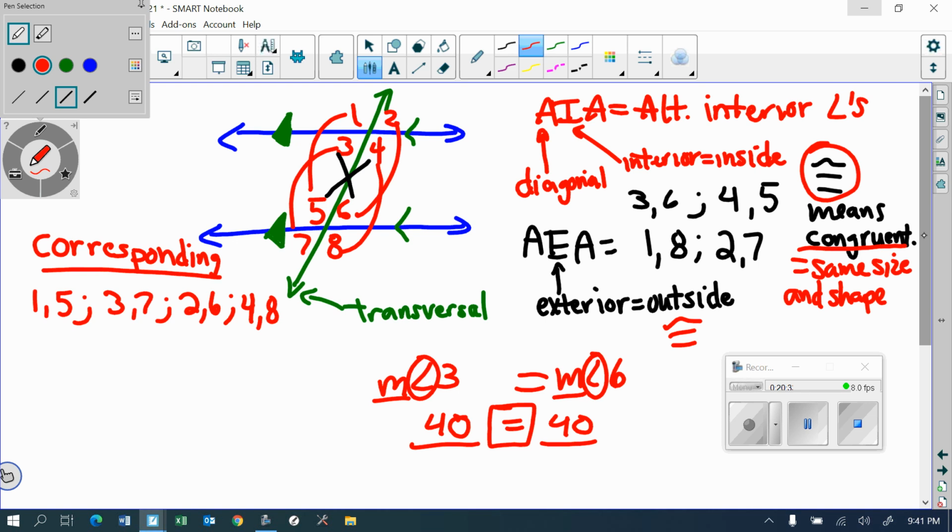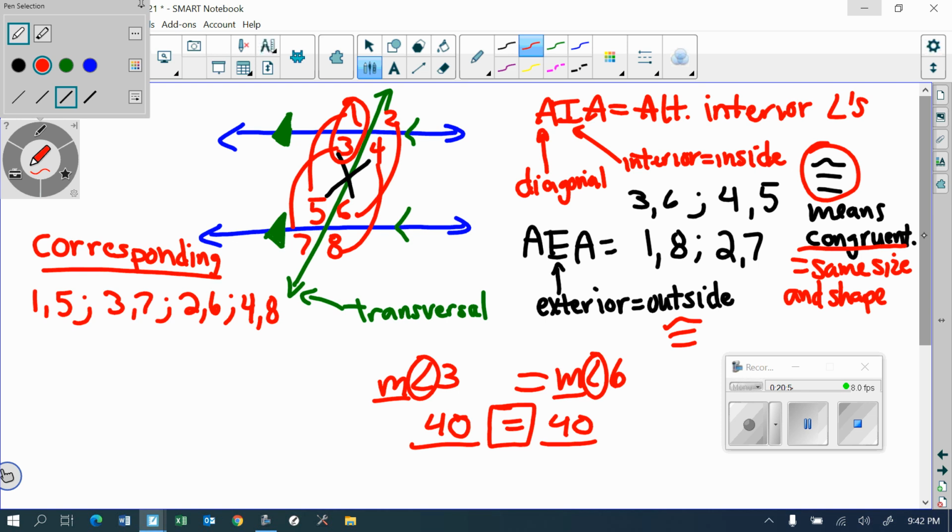So you have to have one interior angle, one exterior angle, and they cannot be adjacent to one another. Adjacent means next to. The adjacent angle in the interior to angle 1 is angle 3. Those are adjacent angles next to one another.